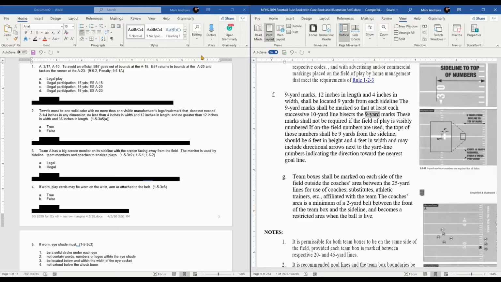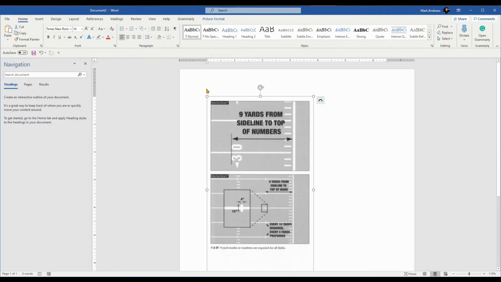The 9-yard mark shall be marked so that at least each successive 10-yard line bisects the 9-yard marks. So let's take a closer look at that diagram just to the right of our explanation. This bottom picture shows you the 9-yard marks, and I believe this is every 5 yards. The minimum requirement is every 10 yards.